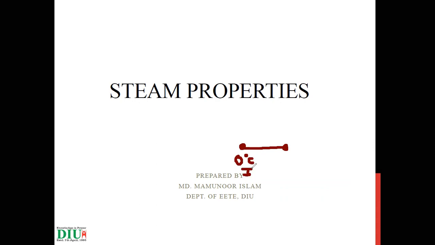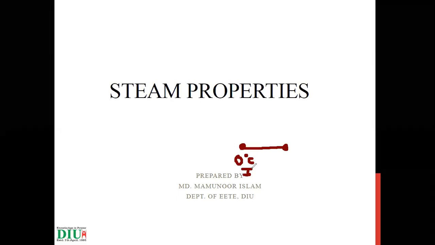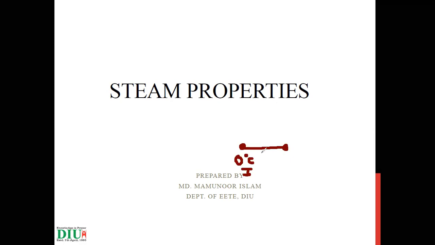When we finish there, you will definitely understand what that is. So we start at 0 degree Celsius ice. If we give heat here, this 0 degree Celsius ice will first turn into 0 degree Celsius water. I think you know that.